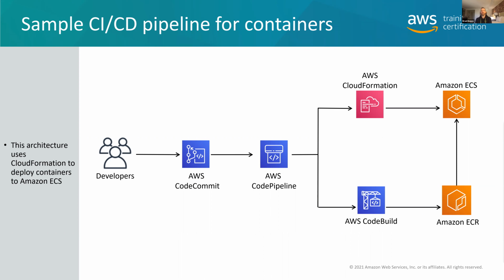The diagram here makes it not quite as clear, but yes, there's an order to these things. CodeBuild would run first and then it would push to CloudFormation. Because otherwise, if you specified 1.4 and it wasn't actually in ECR, the application would crash.